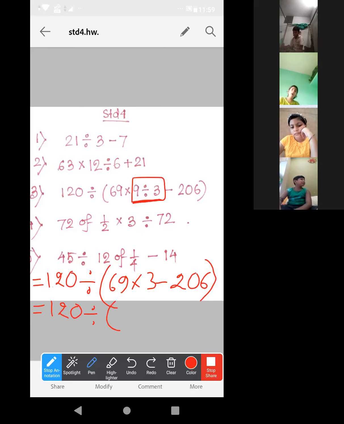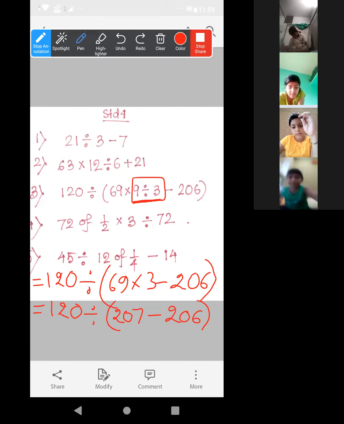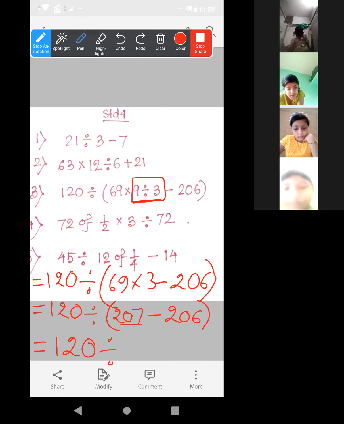Divided by, now first this bracket part. This will be 207. Yes or no? Minus 3. So 120 divided by 207 minus 206.